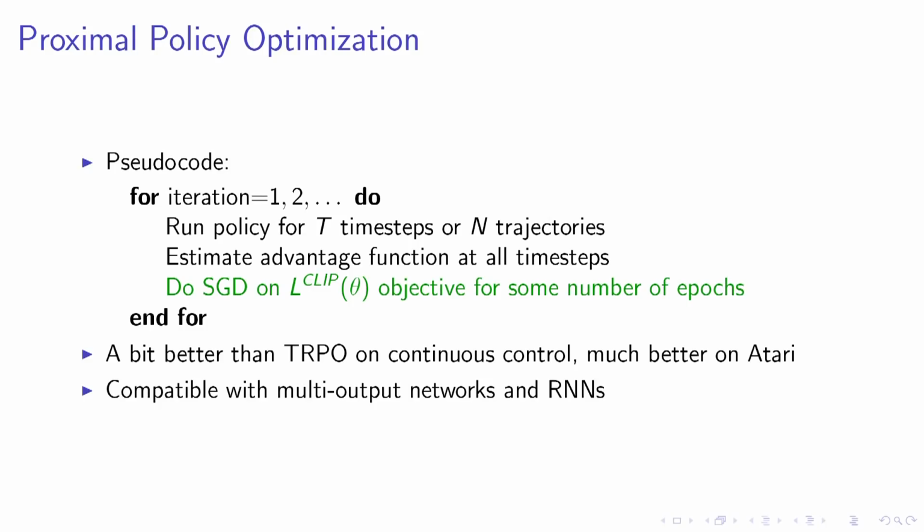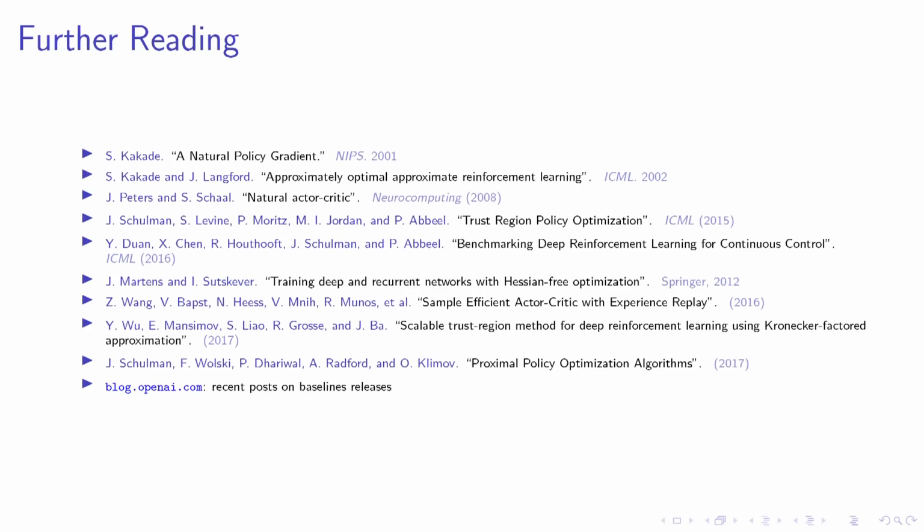So yeah, this is pretty simple pseudocode. It's a bit better than TRPO on continuous control problems like these robotics control problems. And it's a lot better on these image-based problems like Atari, where TRPO was really bad compared to A2C, whereas PPO does better, as does ACKTR from the previous slide. And it's compatible with RNNs and multi-output networks.